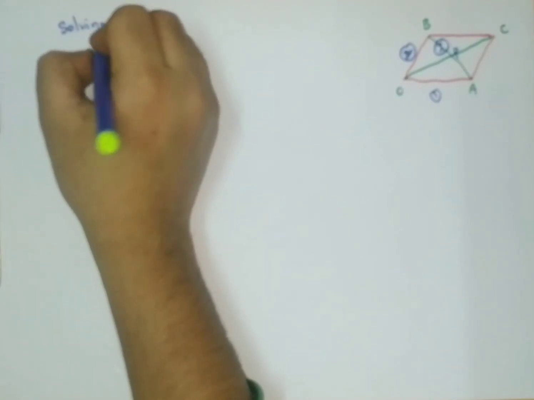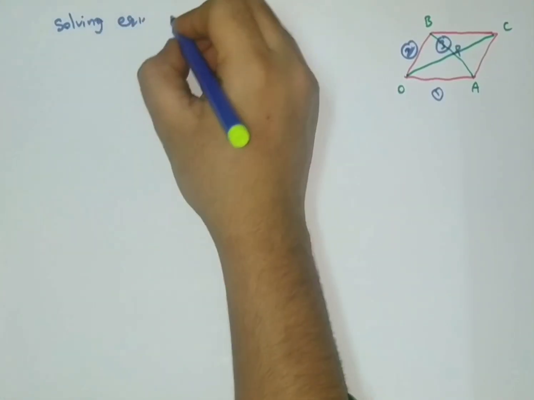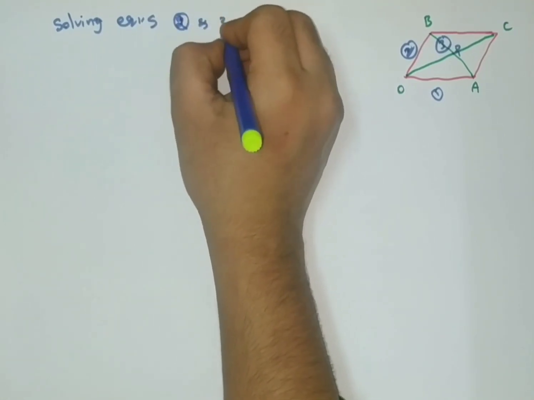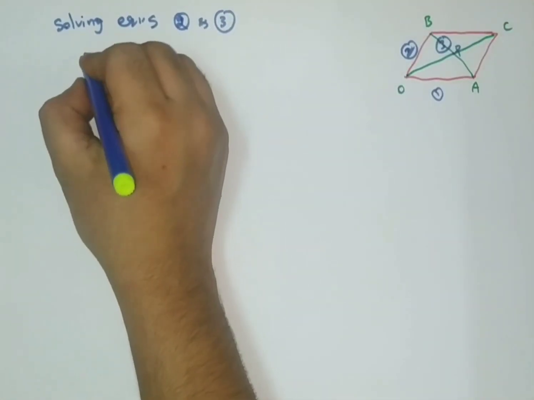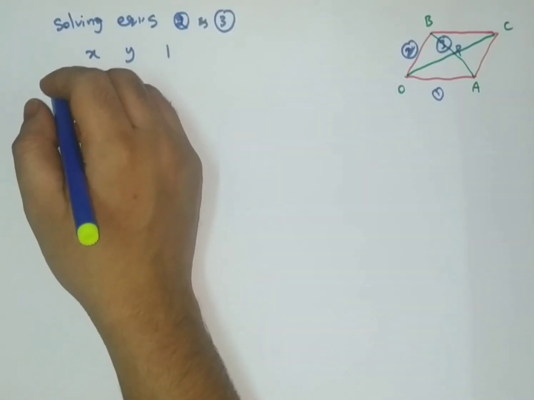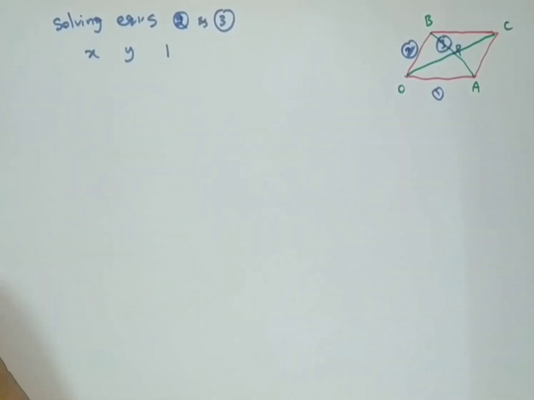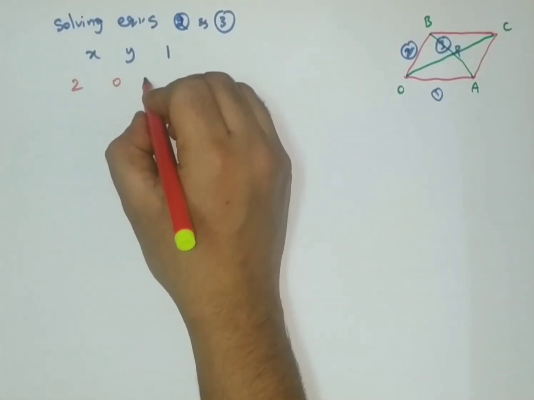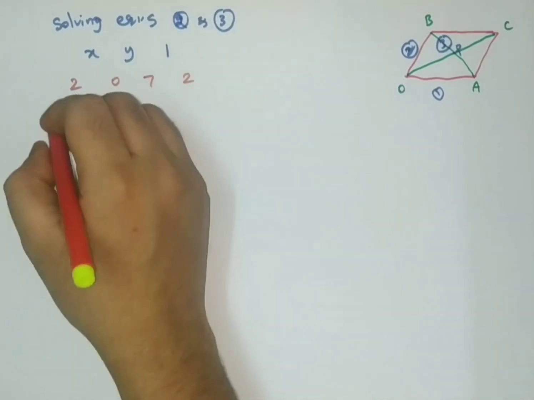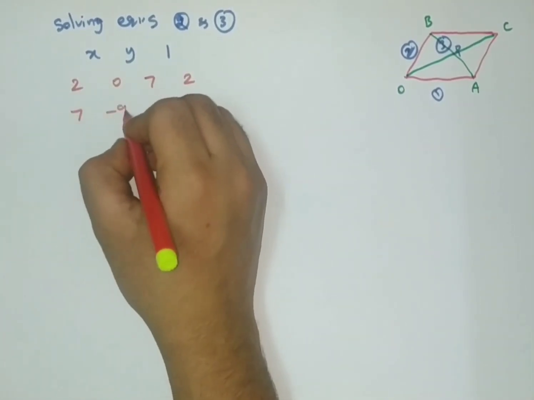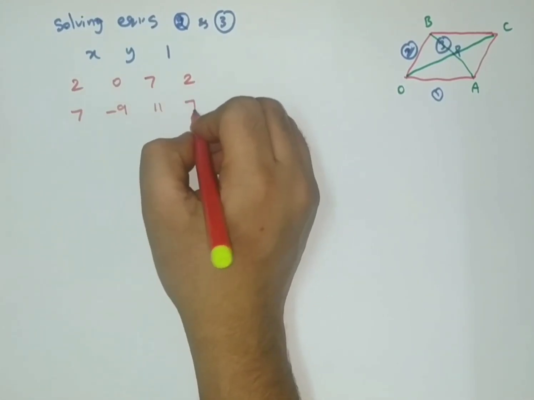Now by solving equations 2 and 3, you will get the point of intersection B. So x, y, 1. The equation 2 coefficients are 2, 0, 7, 2, and the equation 3 coefficients are 7, minus 9, 11, 7.